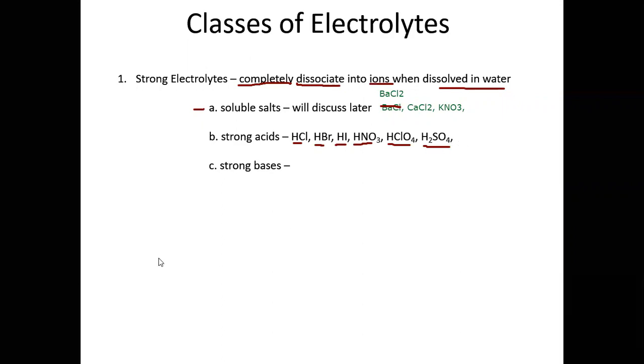And then with strong bases, these are going to be your group 1 and heavier group 2 hydroxides. And these hydroxides are the strong bases. The reason that these hydroxides are strong bases is because these are the only soluble hydroxides.